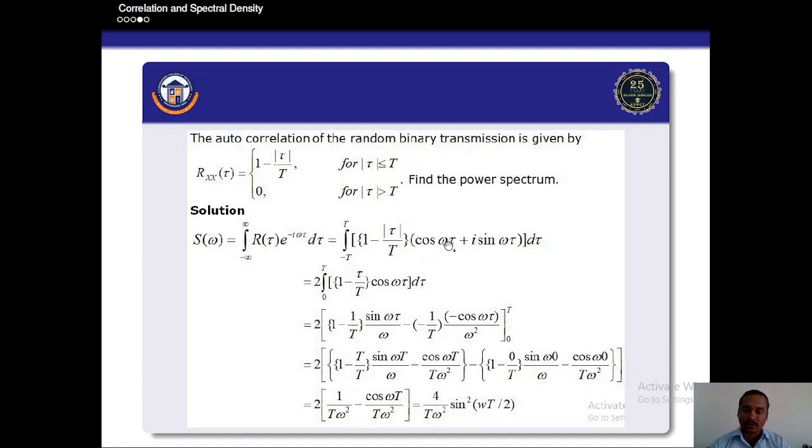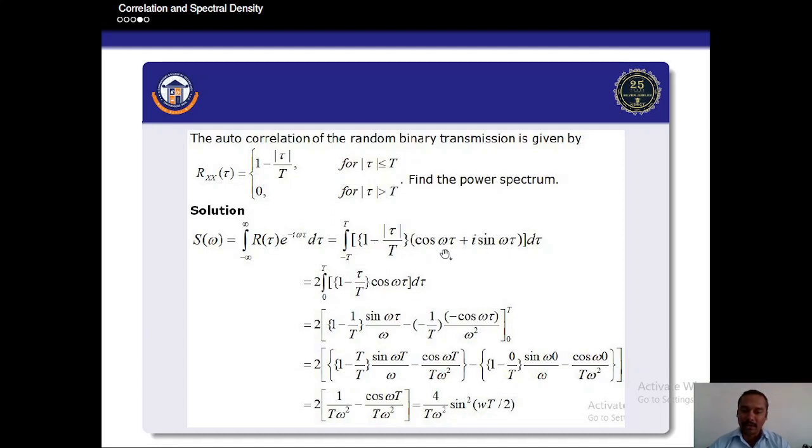Again consider this one, cos of omega tau. Cos function is an even one. So even into even is again even. Integral over minus T to plus T of an even function is equivalent to 2 times the integral over 0 to T of the function d tau.